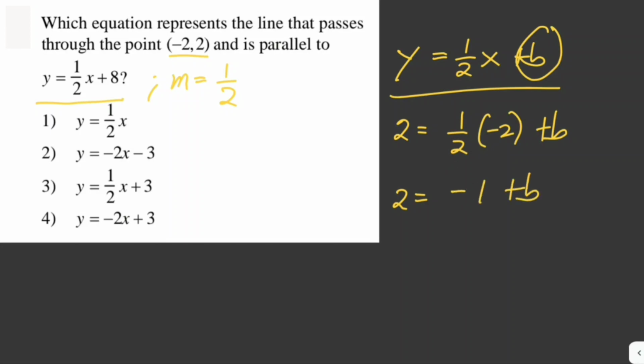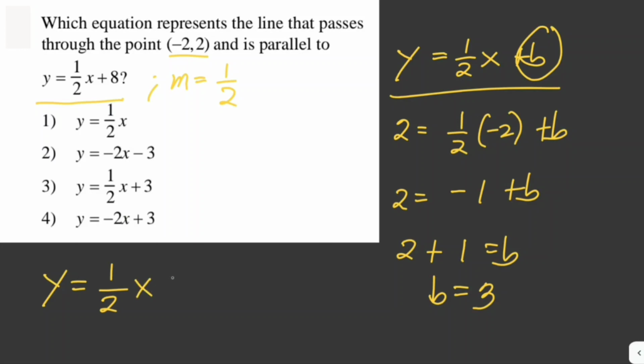We transpose -1 to the other side. So this is 2 plus 1 equals b. Therefore, the y-intercept is just equal to 3. Therefore, the equation of the other line is y equals 1/2 x plus 3. So the answer here is number 3.